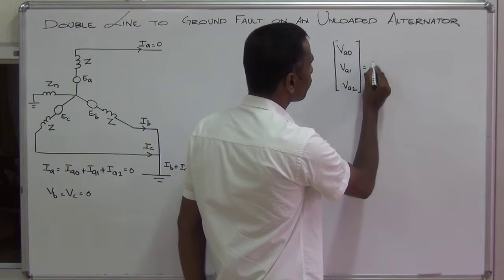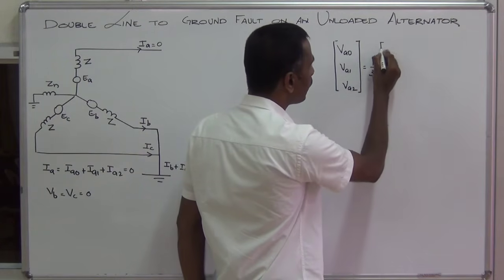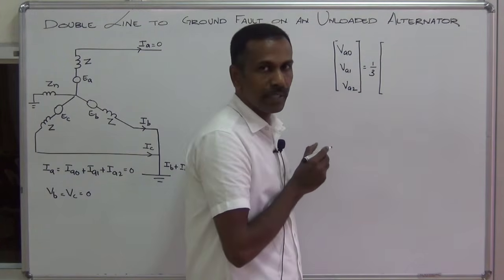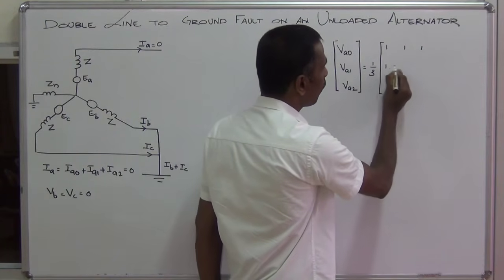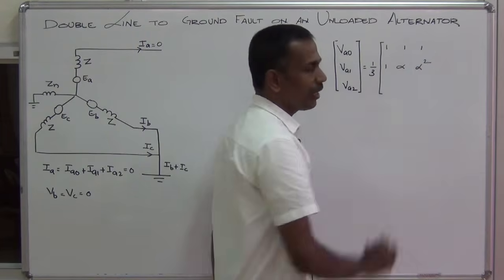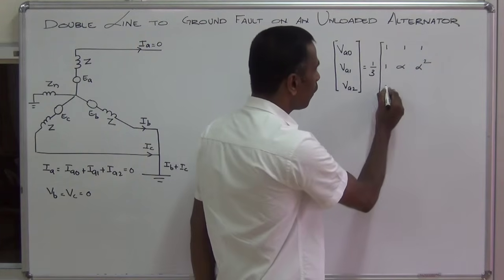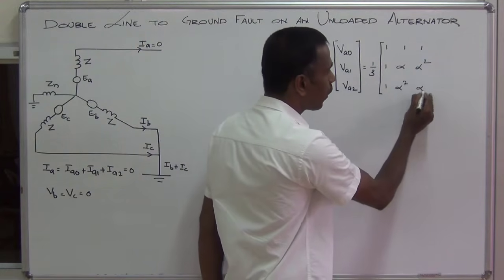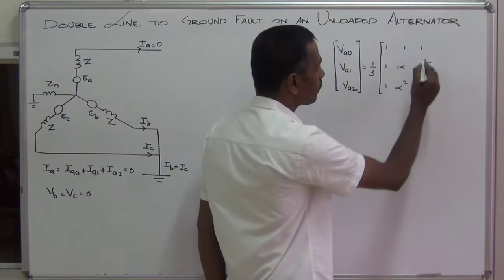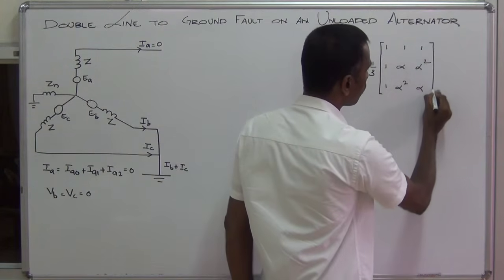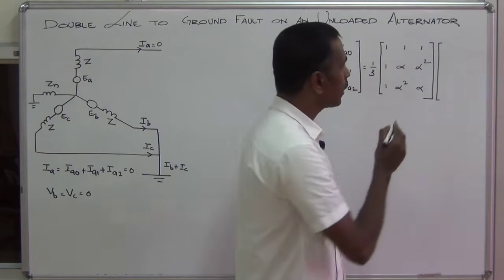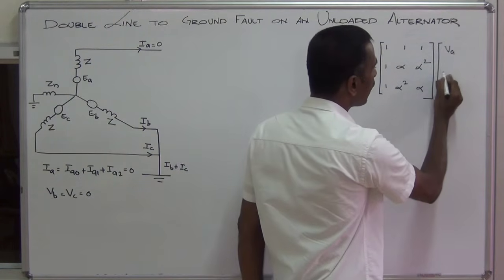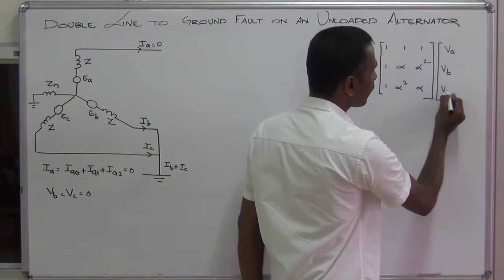This is equal to 1 by 3 into a transformation matrix 1, 1, 1, 1 alpha, alpha square, 1 alpha square, alpha, into the phase voltages VA, VB and VC.